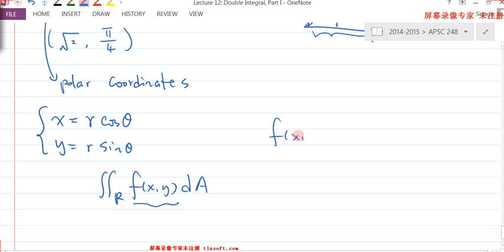So the function f of x, y can be simply changed to f of r cos theta, r sin theta. That's as simple as that. You can change f of x, y using this connection, then you get rid of x and y, everything in terms of r and theta now.